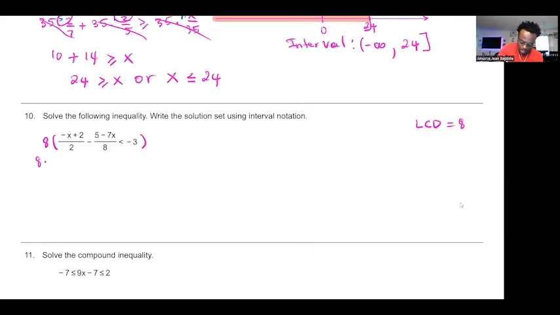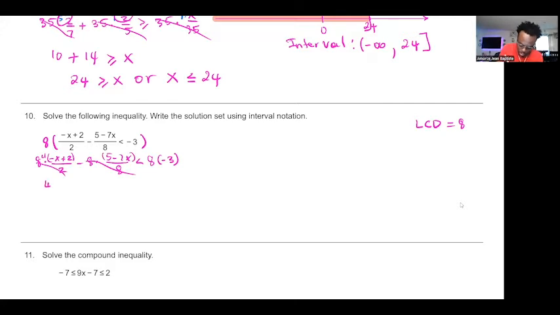So that's 8 times the fraction negative x plus 2 over 2 minus 8 times the fraction 5 minus 7x over 8, less than 8 times negative 3. Then 8 divided by 2 is 4. That multiplies everything here. And then 8 divided by 8 is 1. So that's negative 1. That multiplies everything here.